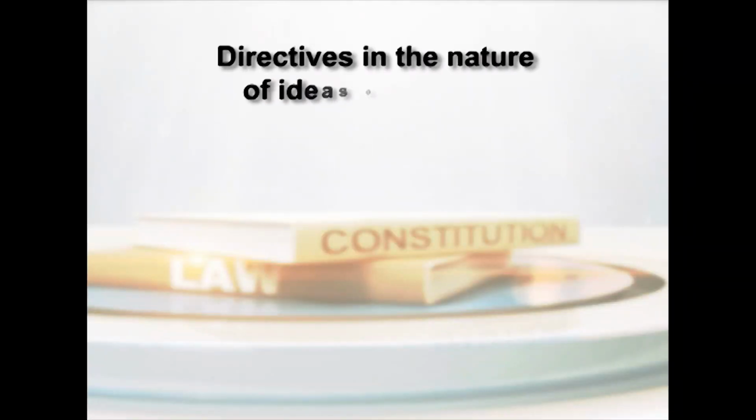Directive principles of state policy can also be clubbed together quite differently considering the nature of these principles. Acharya Dr. Durga Das Basu attempted to classify these principles under the following heads. Directives in the nature of ideals of the state. 1.